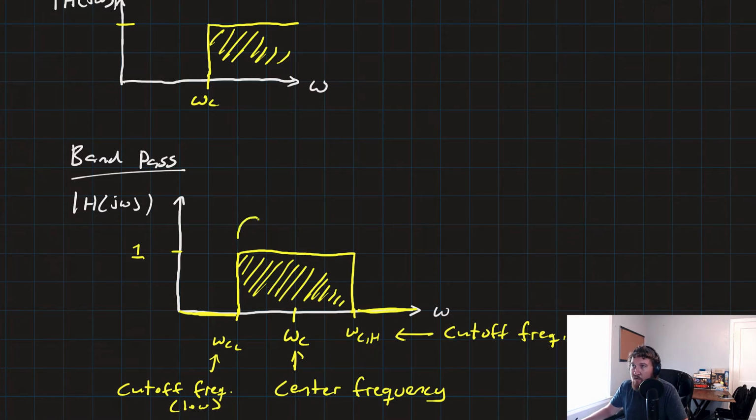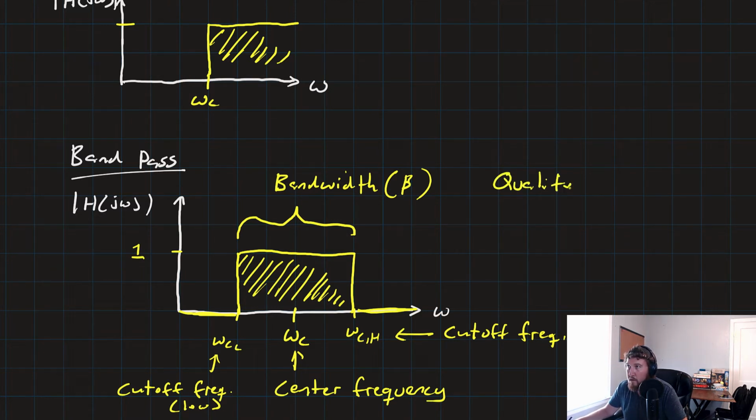Now we do have a new parameter here. The width of this region is called the bandwidth, and we're going to denote it with just a lowercase beta. And then there's also a thing called the quality factor, which we'll denote as Q. And Q is simply the ratio of that center frequency over the bandwidth.